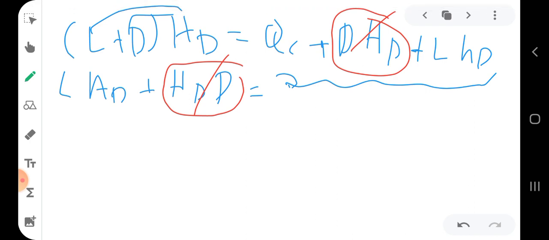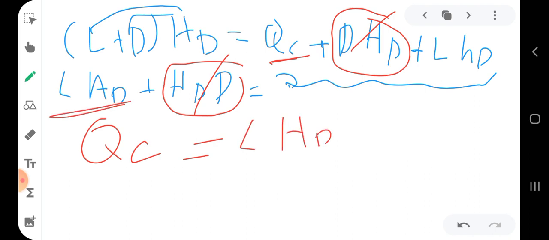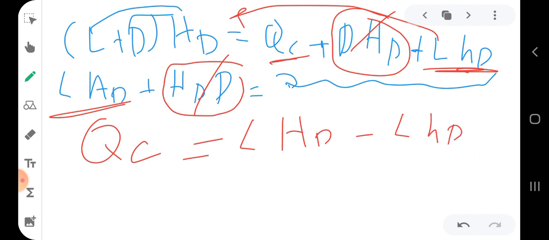So we will end up with QC equal to LH capital D minus LH small d.